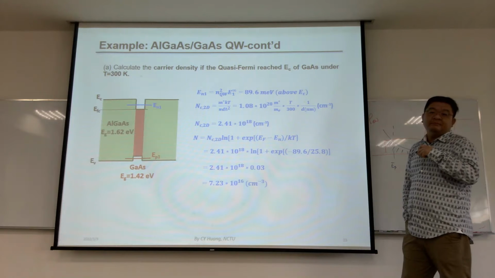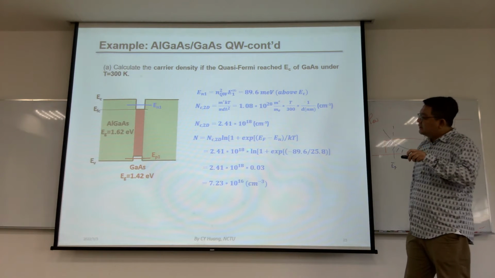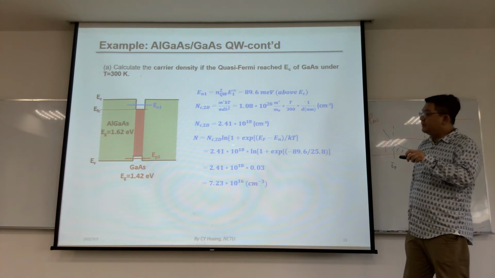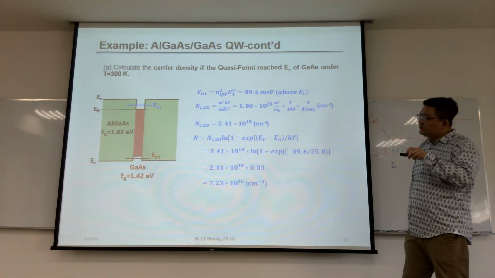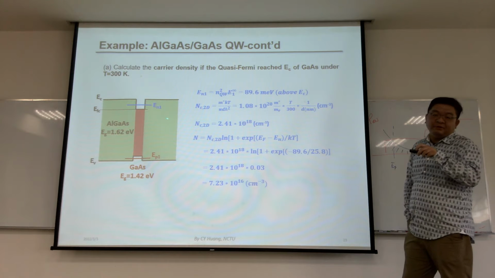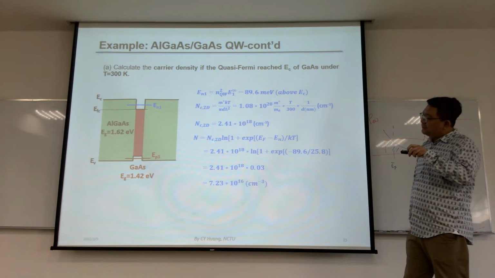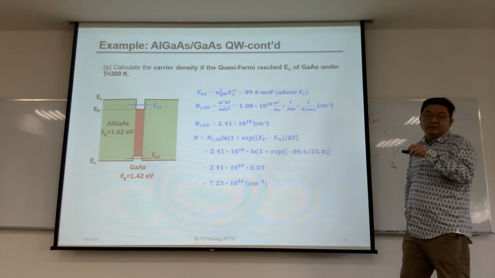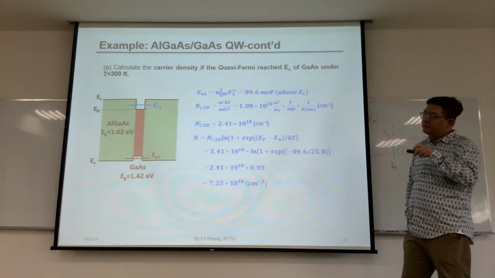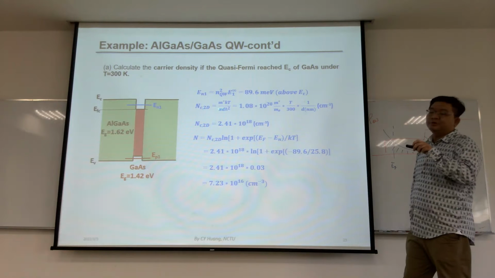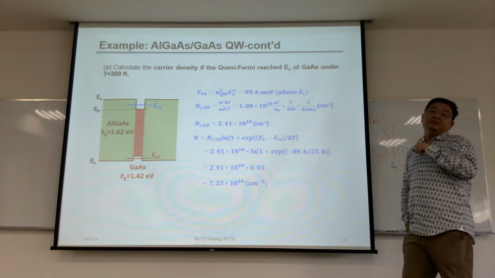If the EF minus EN is given, the necessary excitation level will be proportional to the effective density of states, which is also proportional to the effective mass.